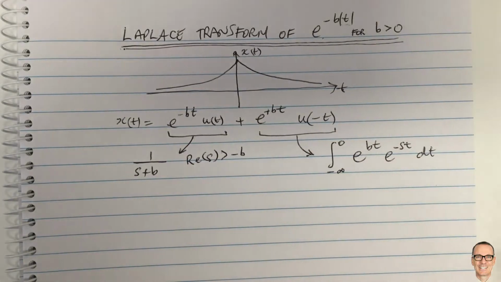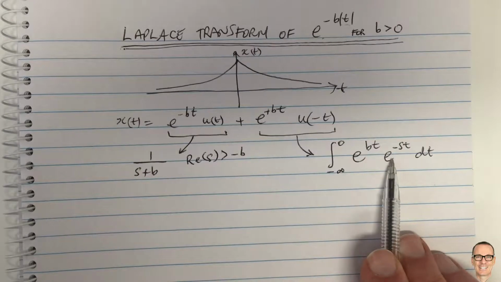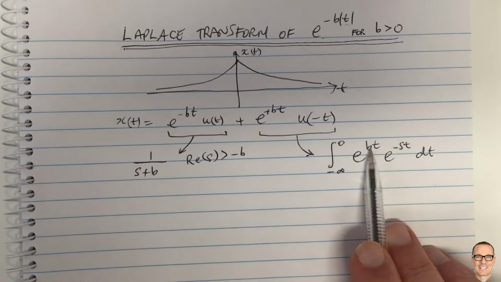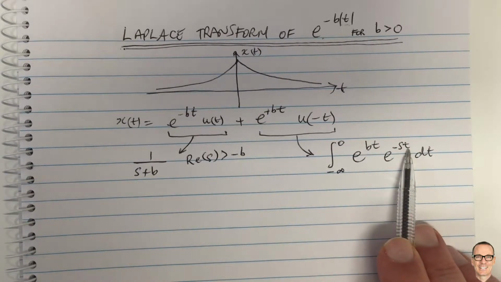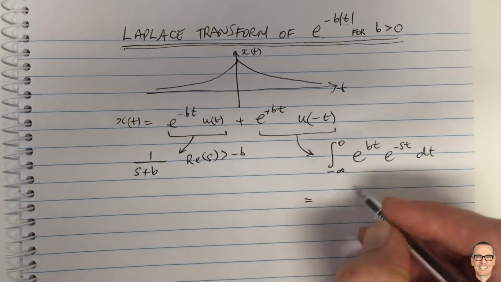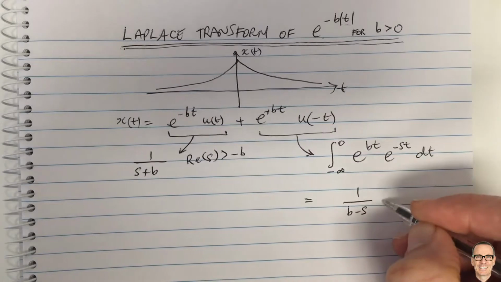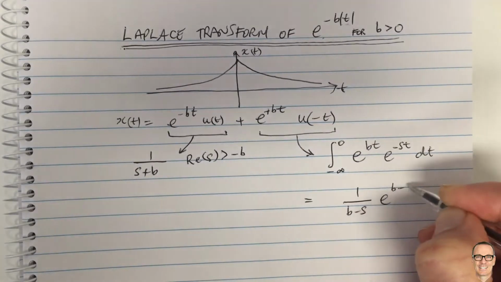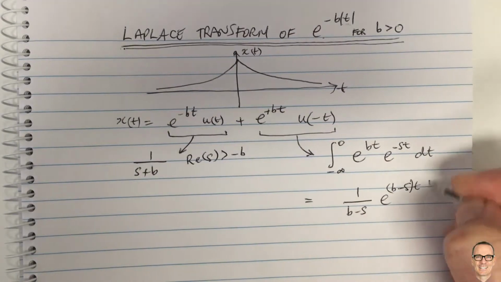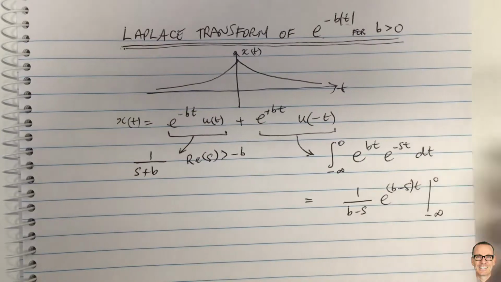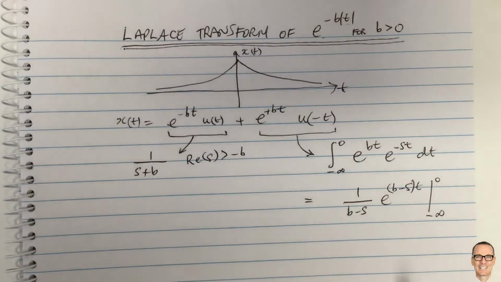And so to do this, we've got the exponential of (b minus s) times t, and so this will equal 1 divided by (b minus s) times the exponential of (b minus s) times t, evaluated between negative infinity and 0.